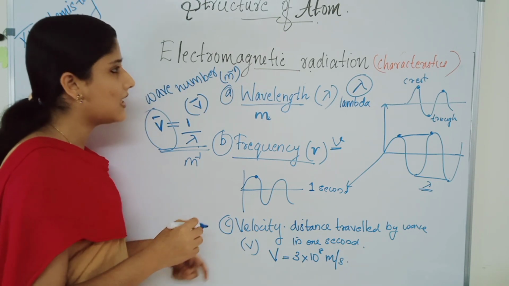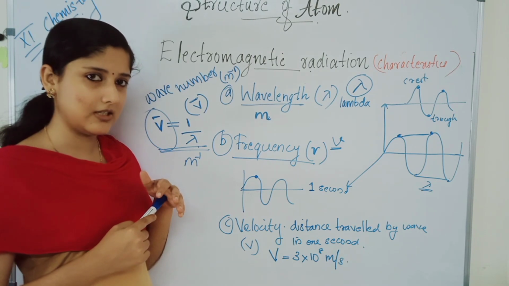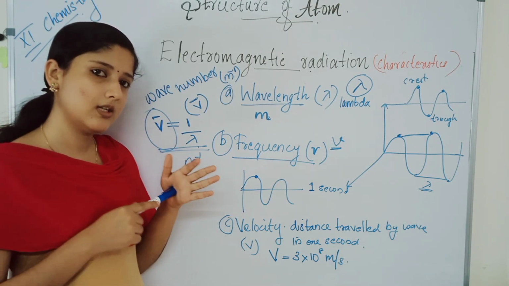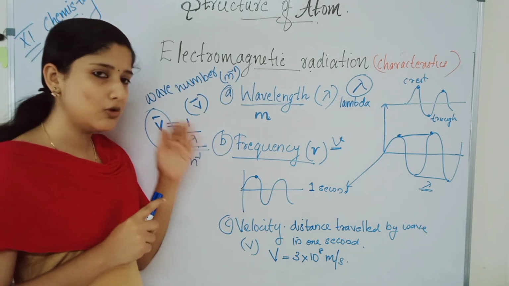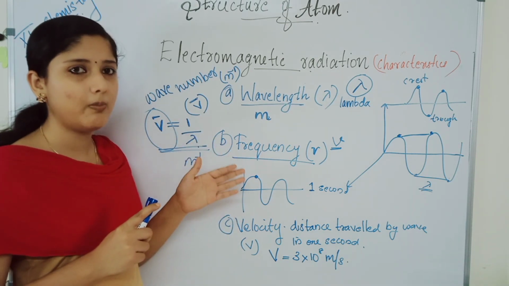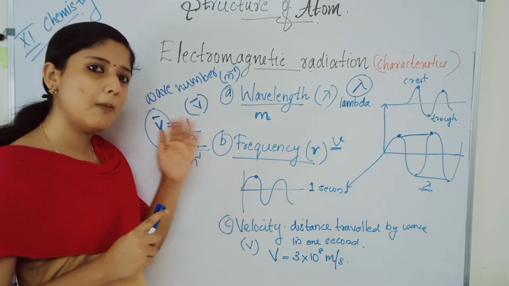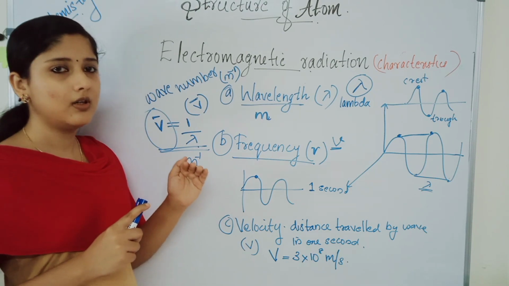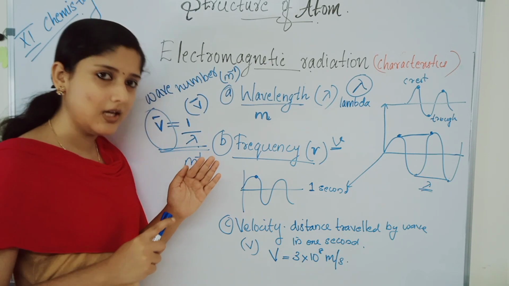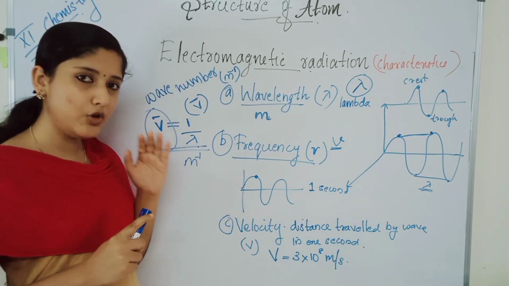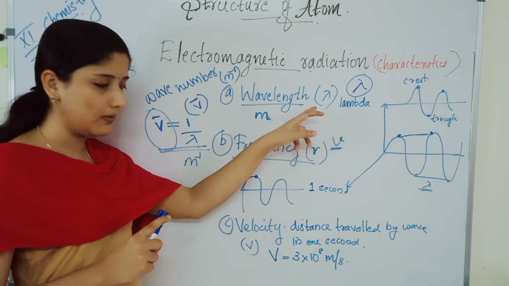These are the different characteristics of a wave, electromagnetic radiation. Wavelength: what is wavelength? It is the distance between two troughs or two crests, denoted by λ, and the unit is meter. Frequency is the number of waves passing a point in 1 second, denoted by the symbol ν.